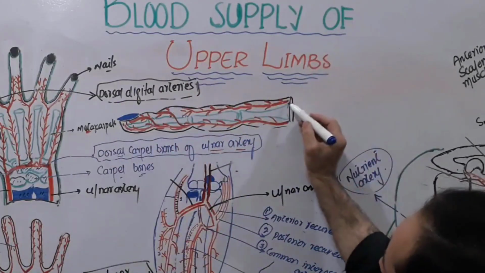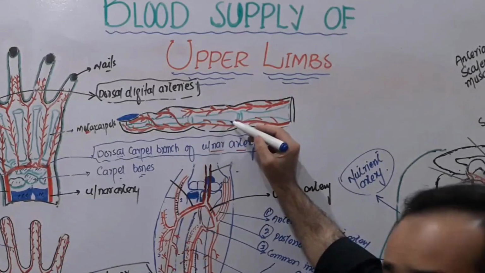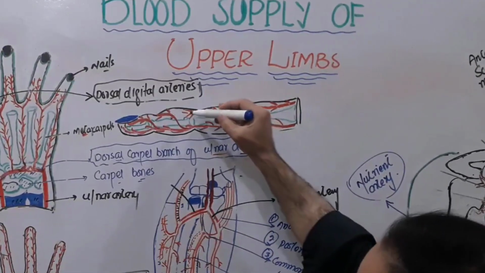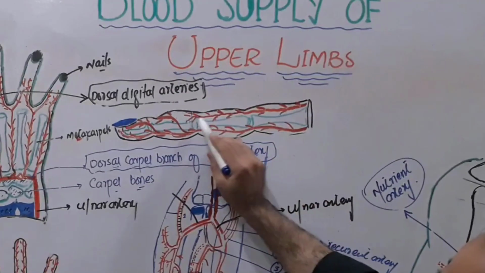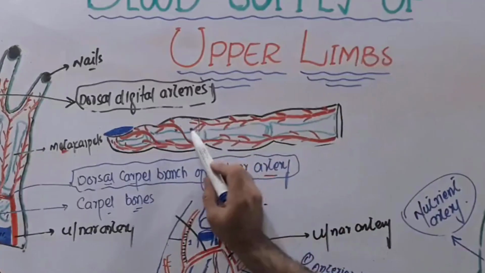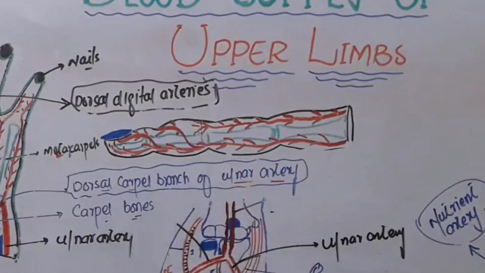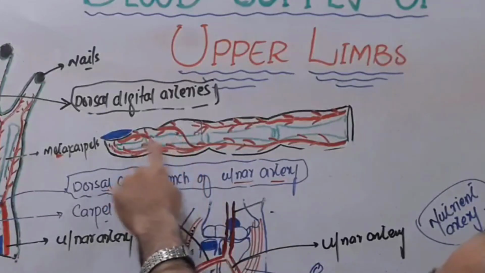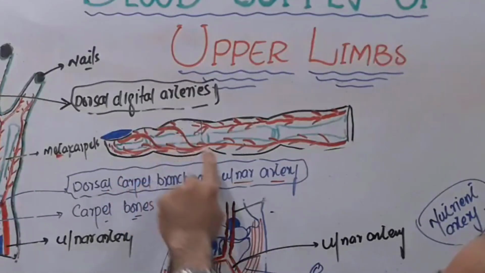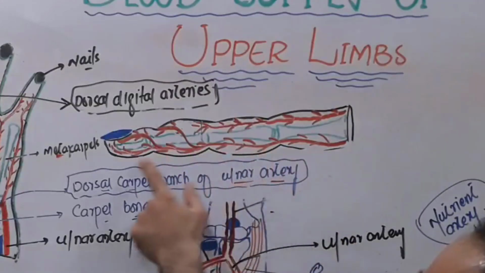You can see the dorsal digital artery is coming up to the proximal phalanx, right? So on the dorsum of the finger, the middle and distal phalanx region is supplied by the proper palmar artery.